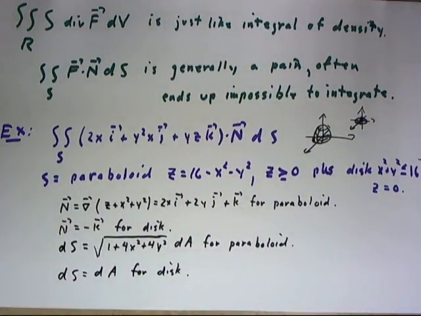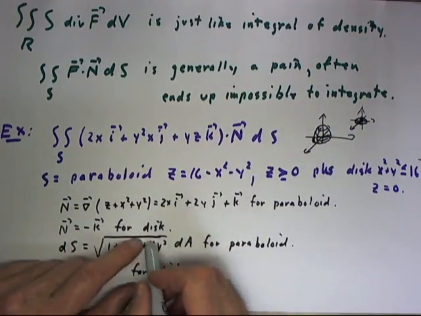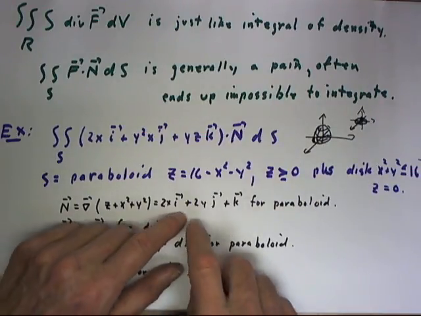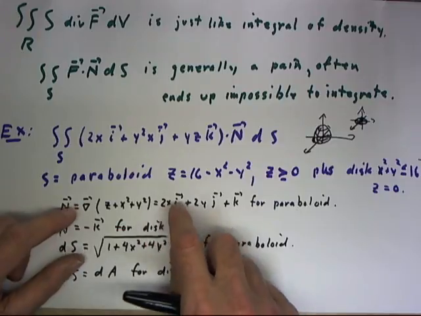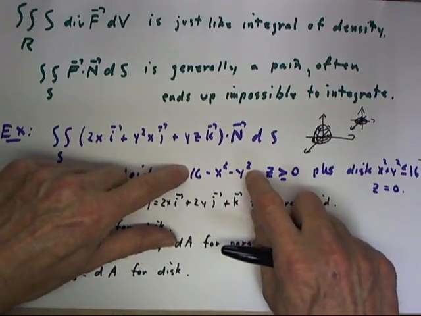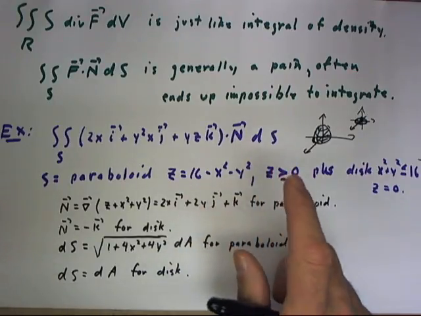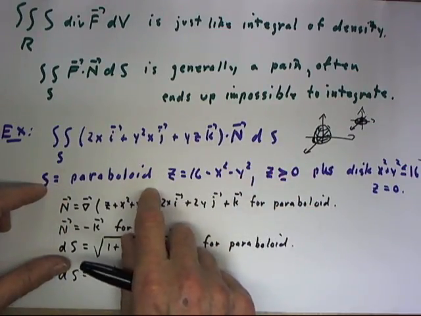Now, for this situation, we have a normal vector for the paraboloid, and we have a normal vector for the disk that caps the end of it. For the paraboloid, the normal vector is just the gradient of this function, of actually what we get if we add x squared plus y squared to both sides.